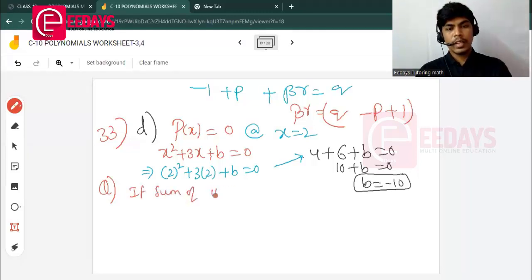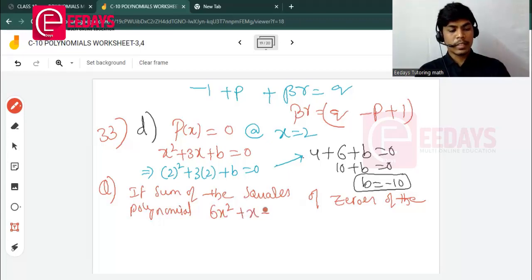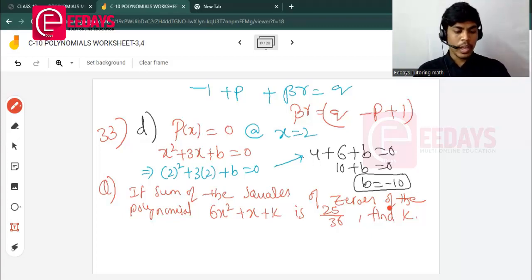If sum of the squares of zeros of the polynomial 6x square plus x plus k is 25 by 36, find k. This was asked in one of the examinations, not in your board examination. I have seen this question in one of the materials, that's why I want to share it with you. How many of you are able to solve this question?